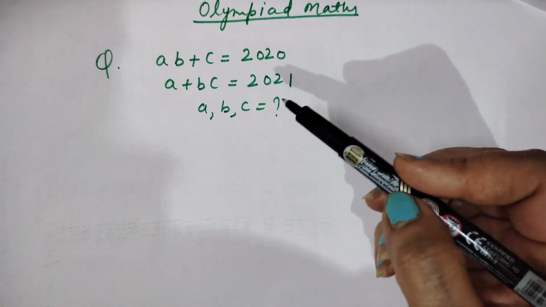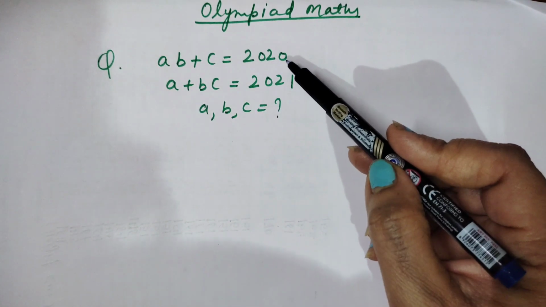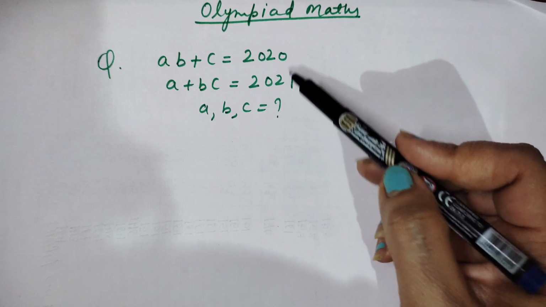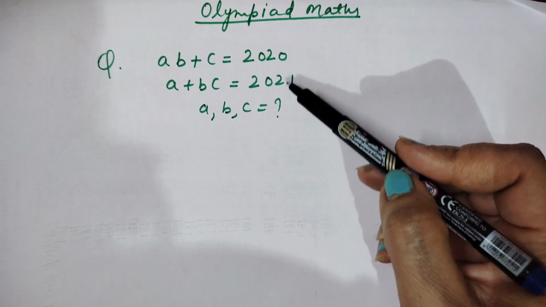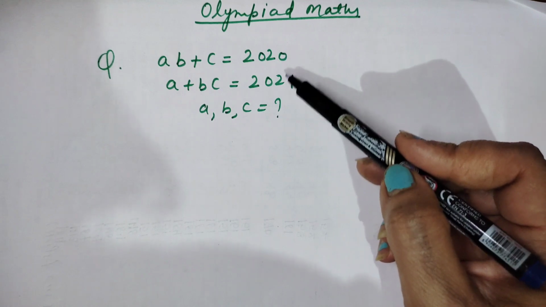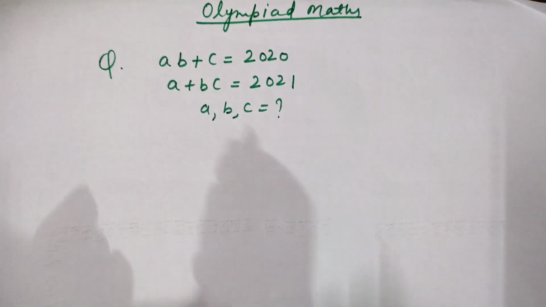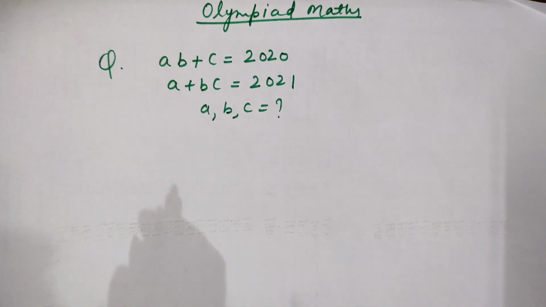The only difference: if you subtract them, the right hand side will become 1. So first of all we will subtract so that the right hand side is 1.